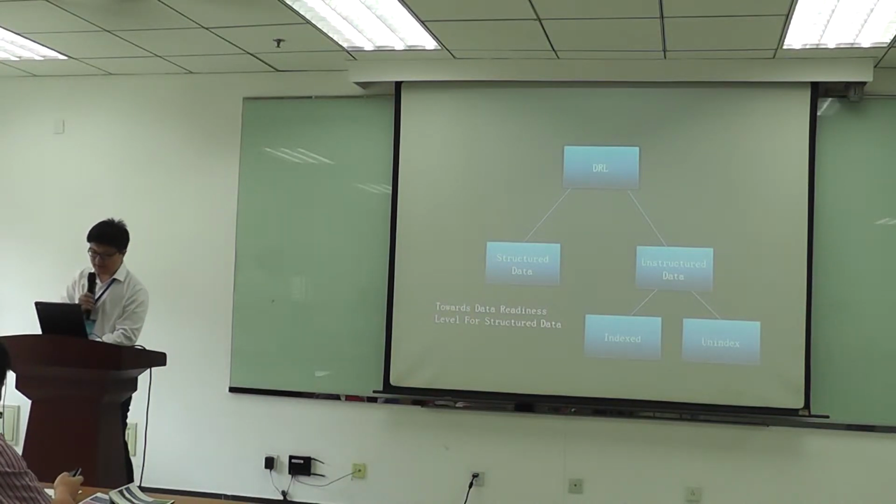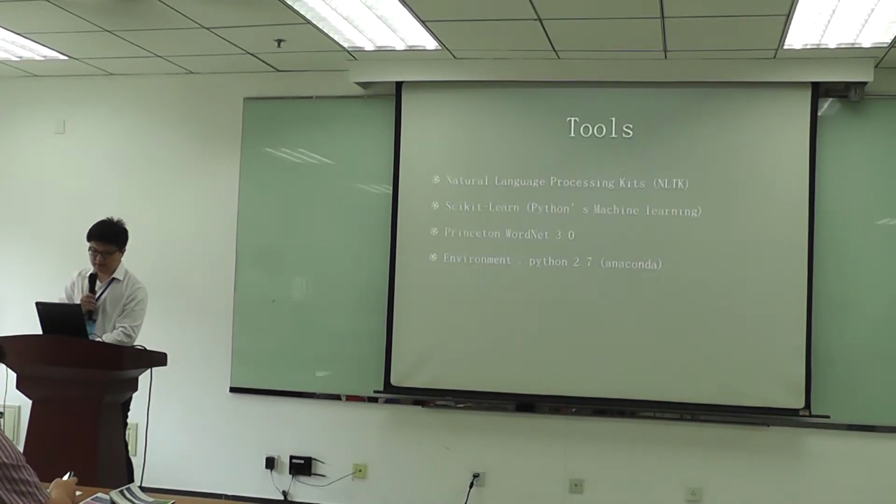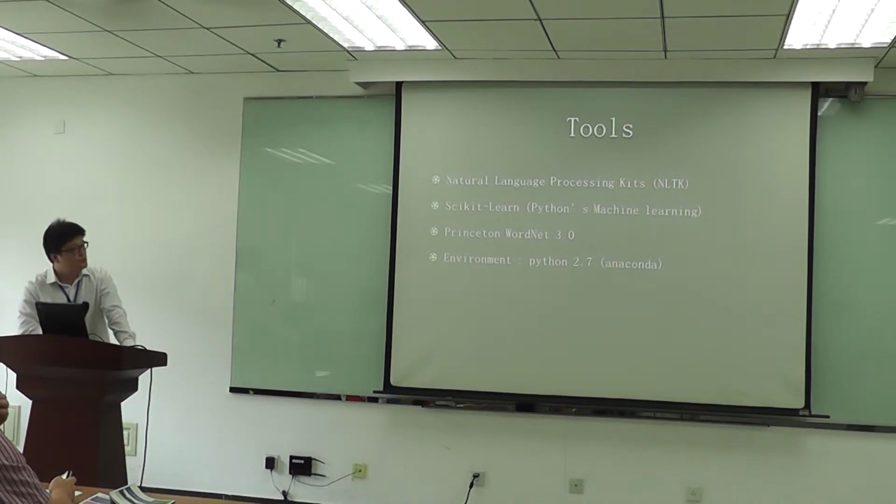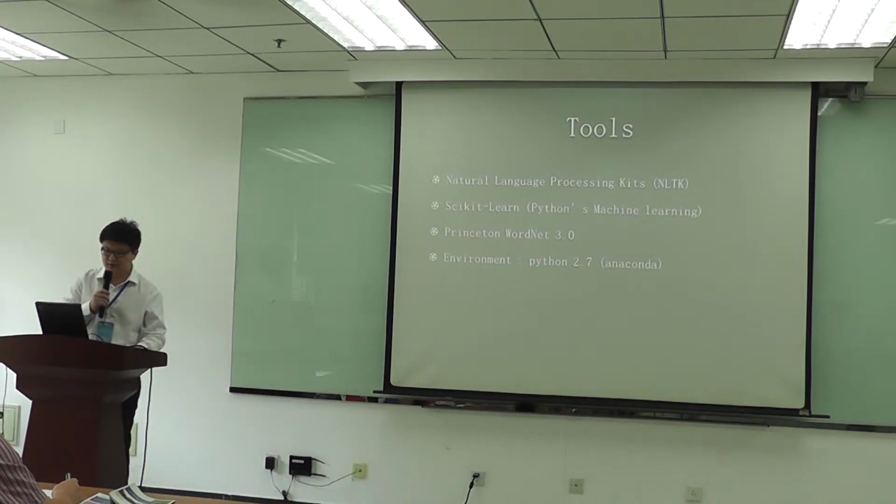So for this unstructured data, we did the unindexed part first, and this paper is about that. The tools that we use include natural language processing kits, scikit-learn for instance, WordNet 3.0, and the programming environment is Python 2.7.